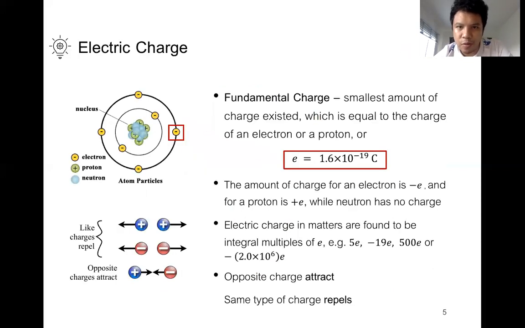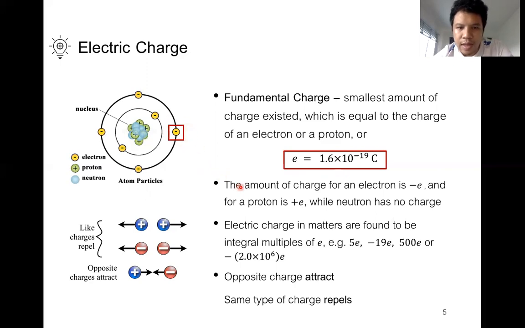And the fundamental charge is the smallest amount of charge existing, which is equal to the charge of an electron, or 1.602 times 10 to the minus 19 Coulomb. So that is representing just one electron.